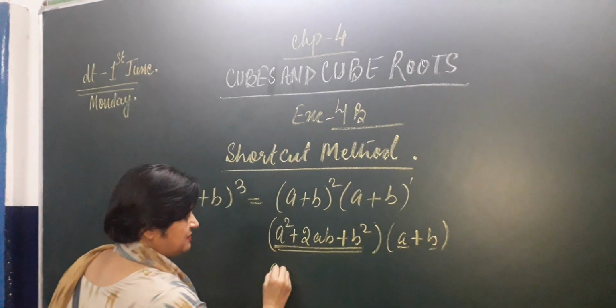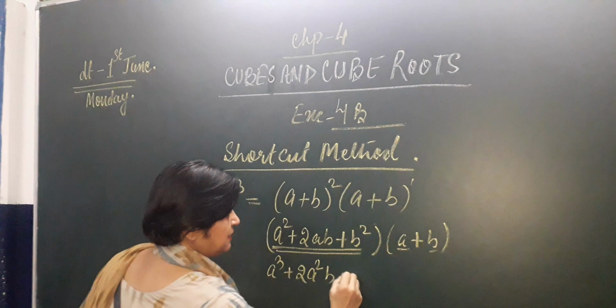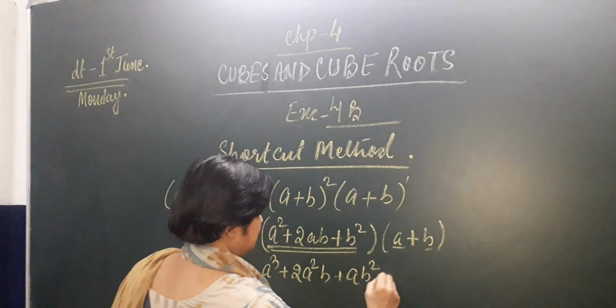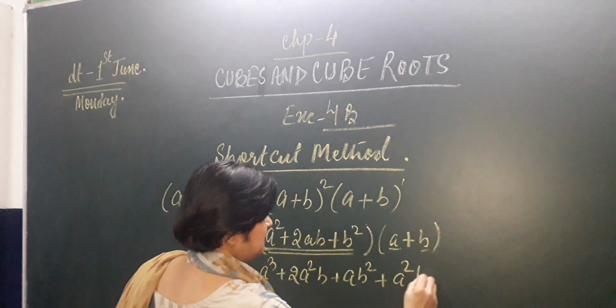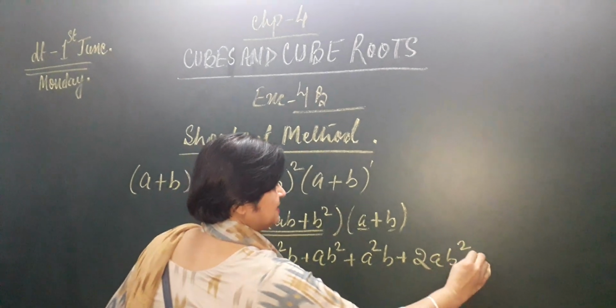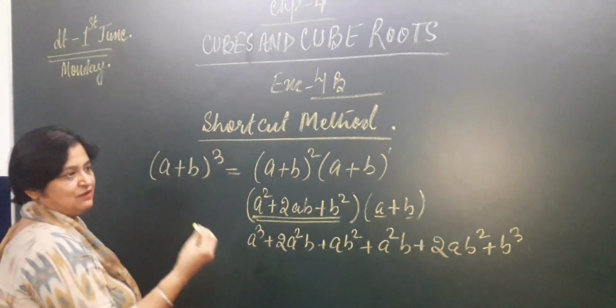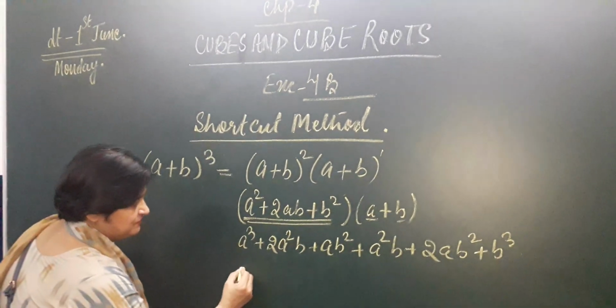A into a square, a cube, plus 2a square b plus a b square plus a square b plus 2ab square plus b cube. I will give you still photography of all those. You have to write it down. Now see what happens.